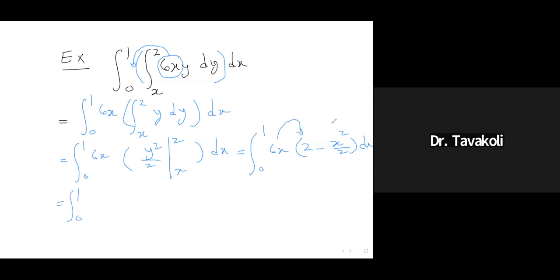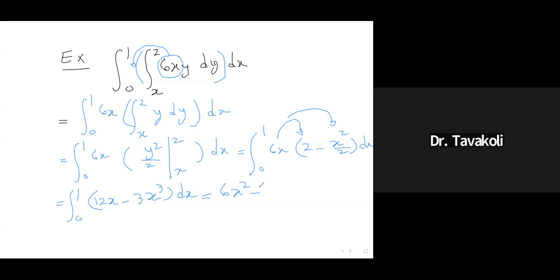Distribute 6x over these parentheses. So what I get is 12x minus 3x cubed. 6 over 2 is 3, and x times x squared is x cubed. Now, antiderivative of 12x is 6x squared.